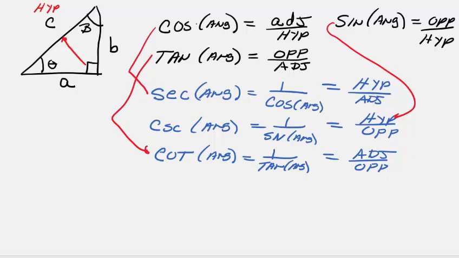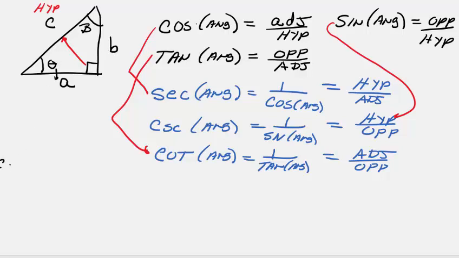Alright, let's move on and define what each of these is going to be. If we come to the picture here and we have theta here, we want to find the cosine. This right here is the adjacent side. It's adjacent to the angle, and this is the hypotenuse. This is the opposite. B is opposite of theta.